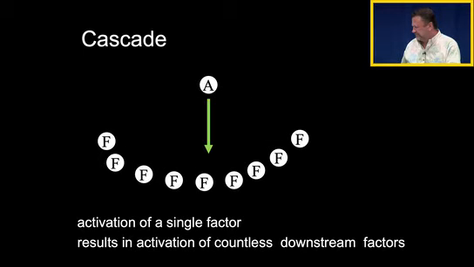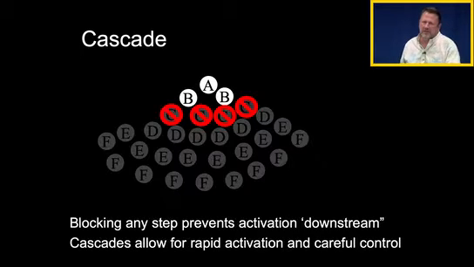All right. So again, the single activation of one factor, that signal can be amplified rapidly and result in activation of all sorts of downstream factors. All right? And so that's what we see with the coagulation cascade. And again, they're named in Roman numerals, and they occur in an order that doesn't make sense, and I don't really need you guys to know that. I just need you to understand this concept.